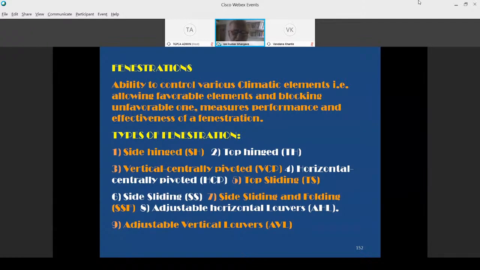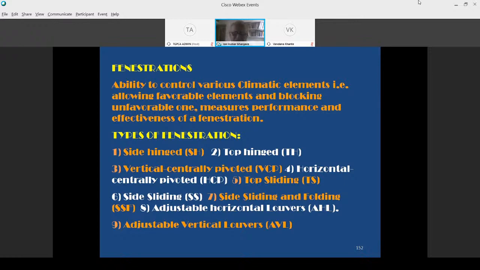In our case, these types of windows are used in railway coaches, railway compartments. Then the side sliding window is the type of window which is most commonly used nowadays with aluminium as a material. Glazed aluminium sliding windows with panels are most commonly used nowadays.